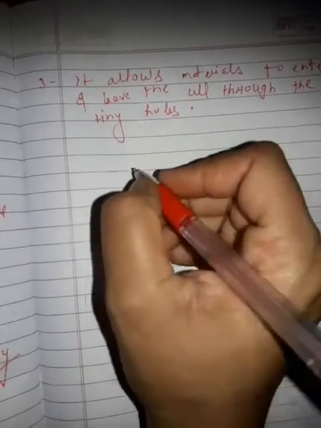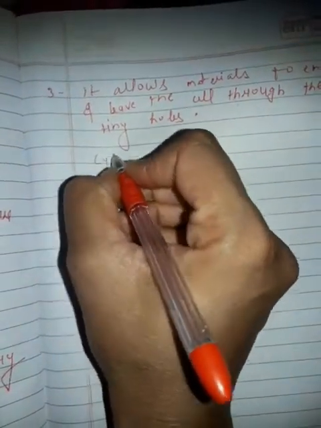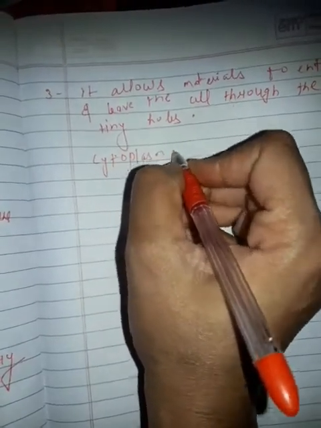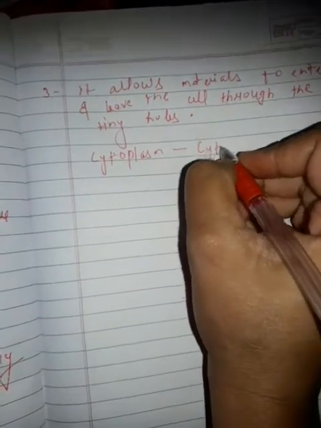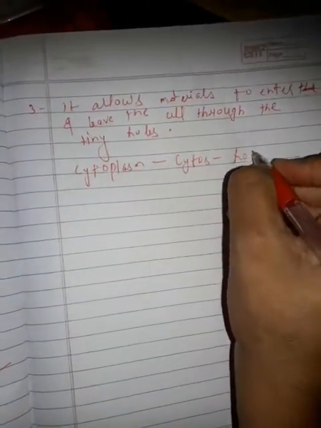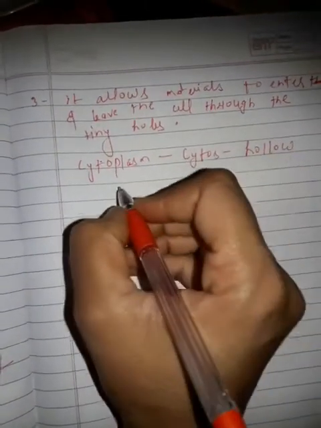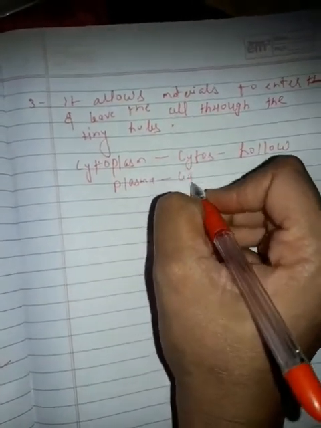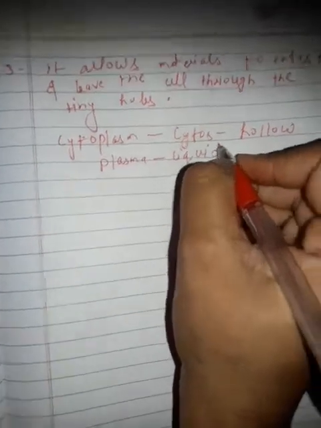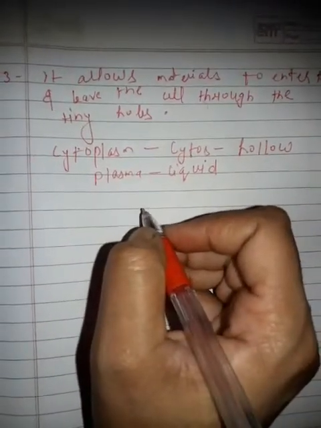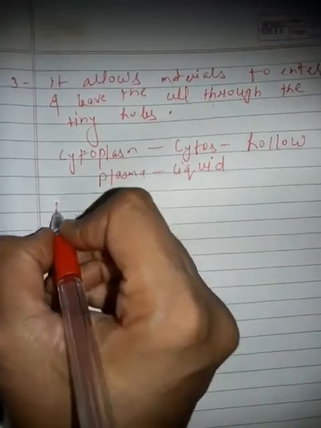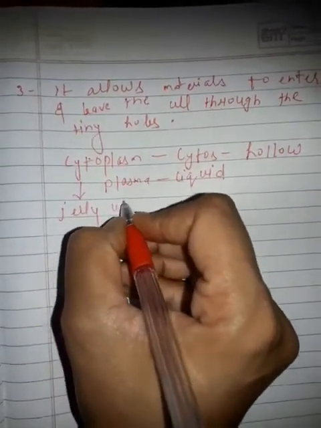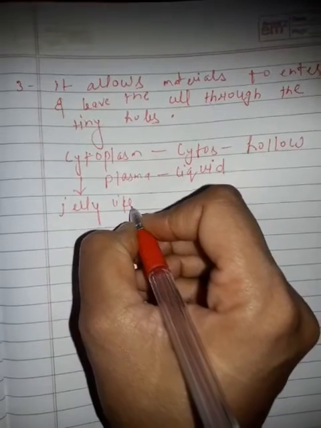Cyto means hollow, plasma means liquid. The cytoplasm is a jelly-like substance occupying most of the space inside the cell.